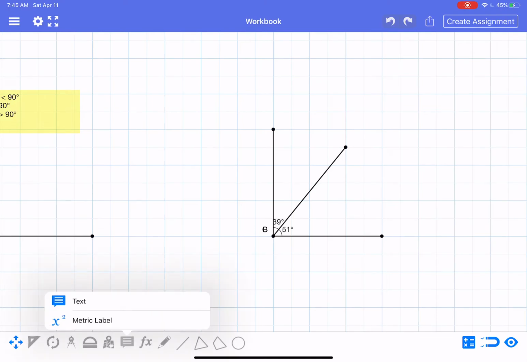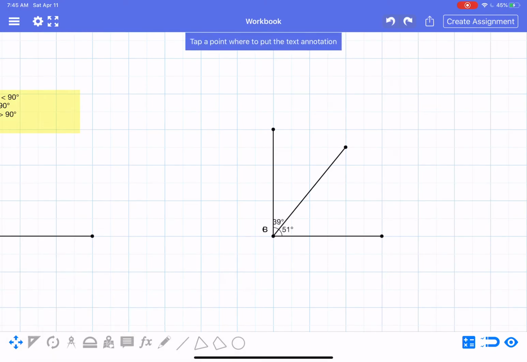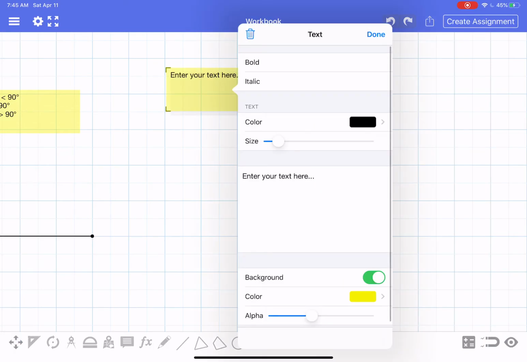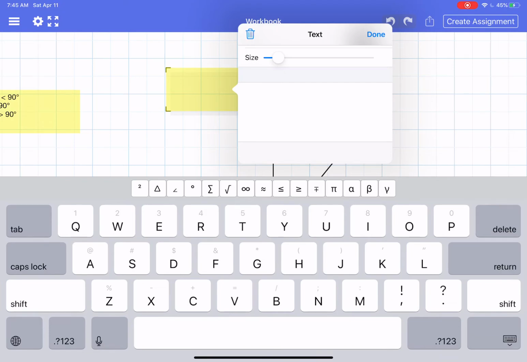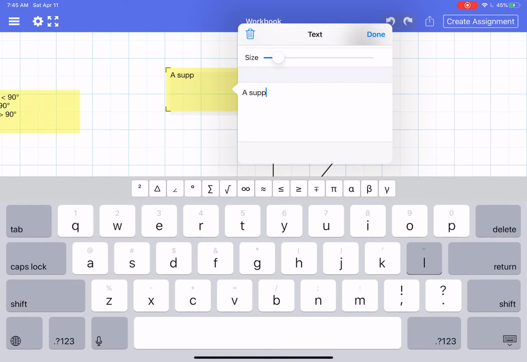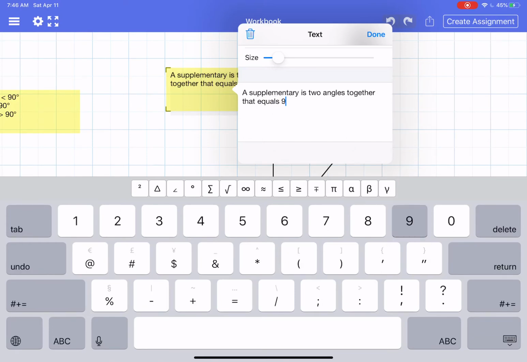Okay, so we'll make a note. Put it here. So we'll say a supplementary angle is two angles together that equals 90 degrees.